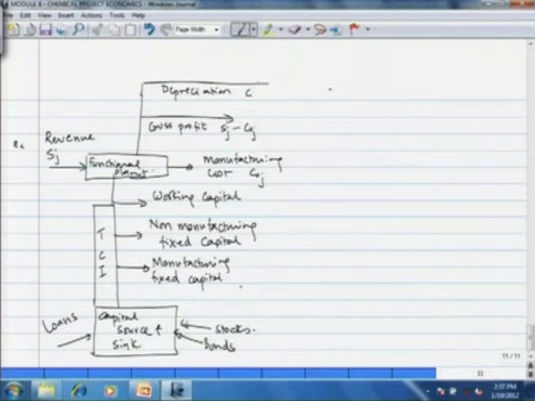And then part of this gross profit is retained as depreciation. That depreciation we denote by letter Dj. So Dj is the depreciation charge.